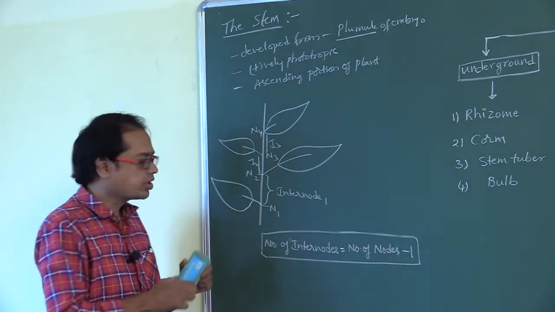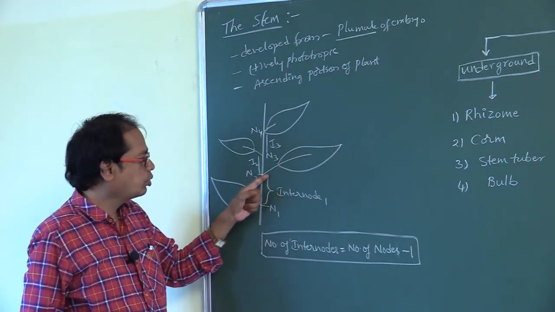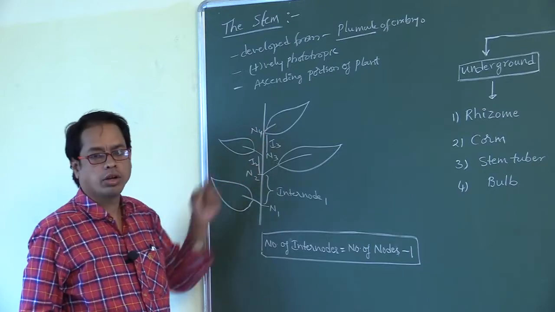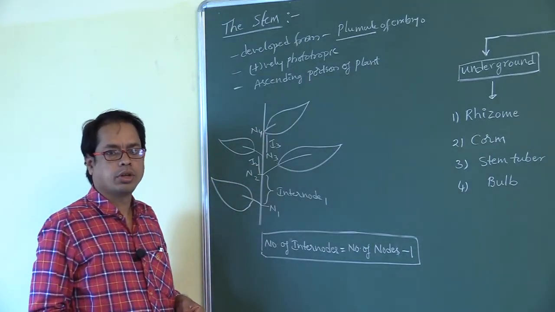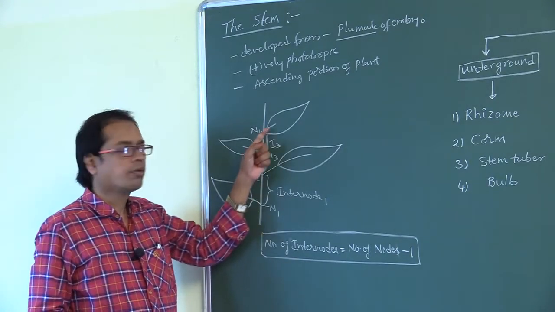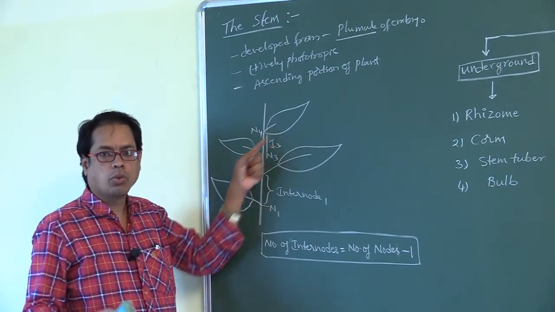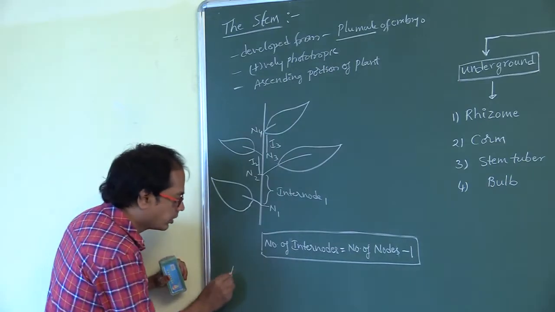Let us suppose in this diagram 1, 2, 3, 4. How many nodes are there? 4 nodes. How many leaves are there? 4 leaves.